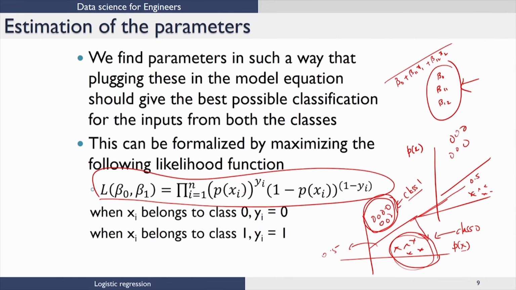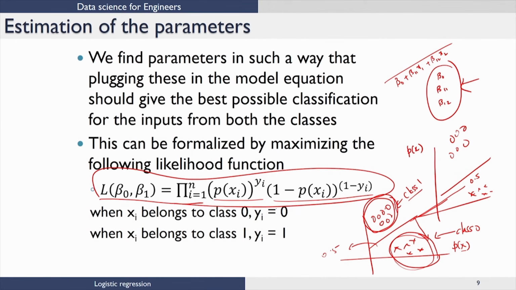If you look at this here, what it says is: if this data point belongs to class 0, then yi is 0. Whenever a data point belongs to class 0, anything to the power 0 is 1, so this term will vanish. In the product there will be terms of the form 1 minus p of xi, and because yi is 0, the other term becomes something to the power 0, which is 1.